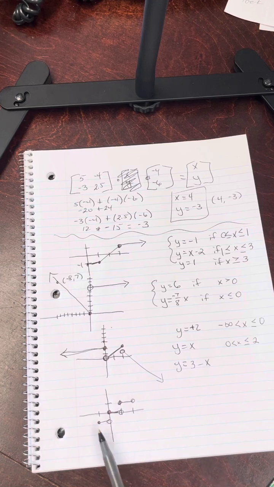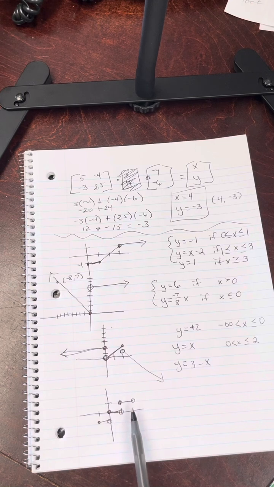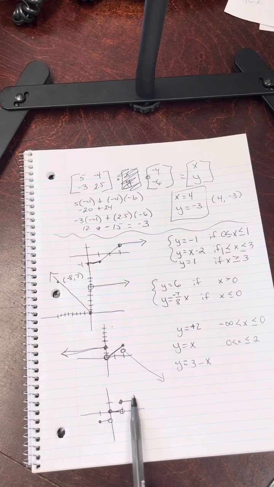Okay, so this is like a stair step, and my dots should be at 0, 0, 1, 1, -1, -1. But what I'm saying is that every fractional piece in here is stuck at 0. Every fractional answer in here is stuck at 1. But because I have the colored in dot here, I can't have it here, therefore it's an open circle.